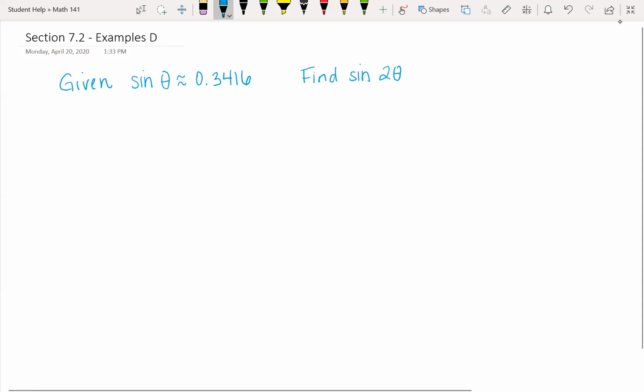We know that the formula is sine of 2 times an angle is 2 sine theta times cosine theta. We were given the sine, and we can use the Pythagorean theorem to find the cosine.